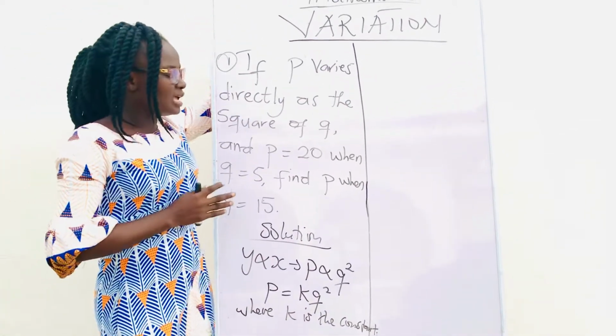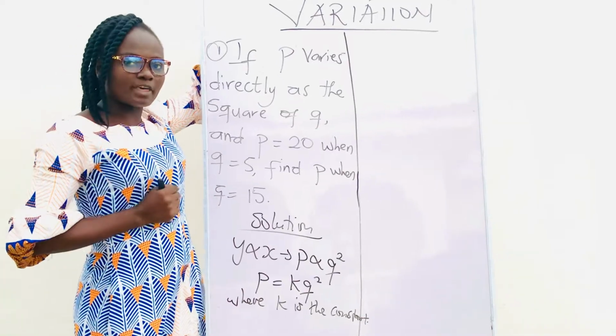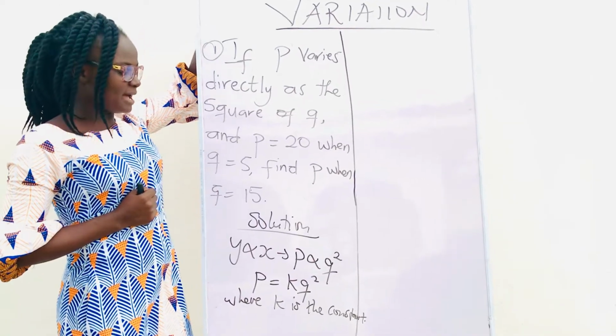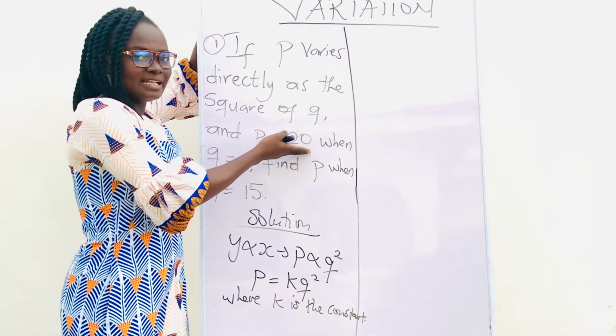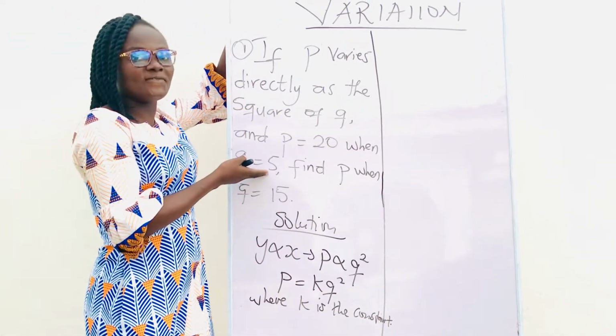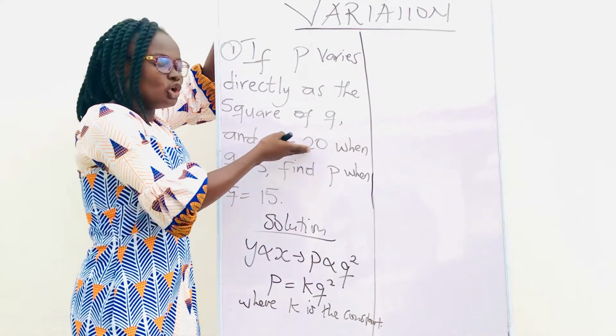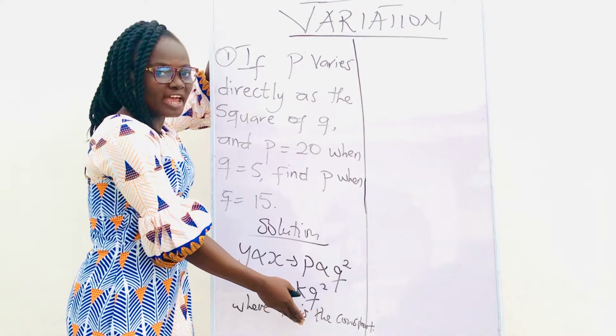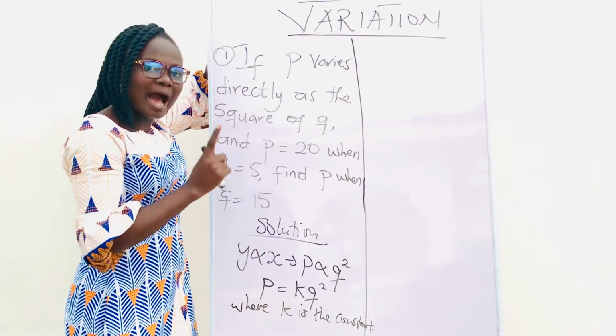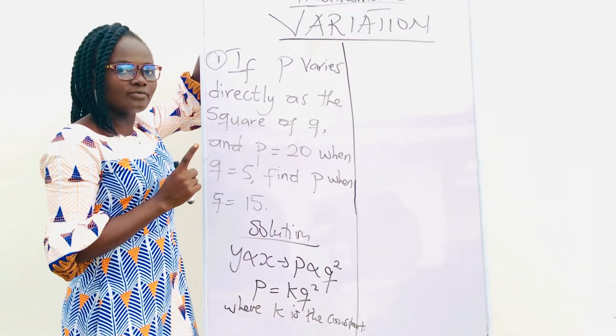And let's look at the first part of the question. The first part is saying that p is 20 when q is 5. So we will use these variables to substitute into our equation to find our constant. That is the k. So let's do that.